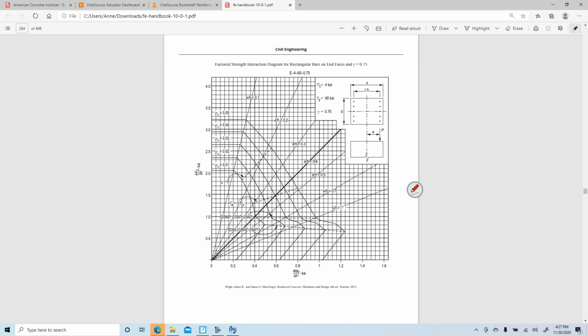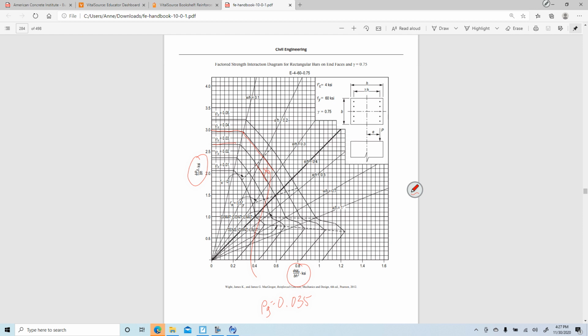We know this value and we know this value, so we find the spot on the chart and we look, okay, that is halfway between 0.04 and 0.03, so I would choose rho equals 0.035. All right, just make your best guesstimate of what it looks like. And that is how we determine our reinforcement ratio for a column.